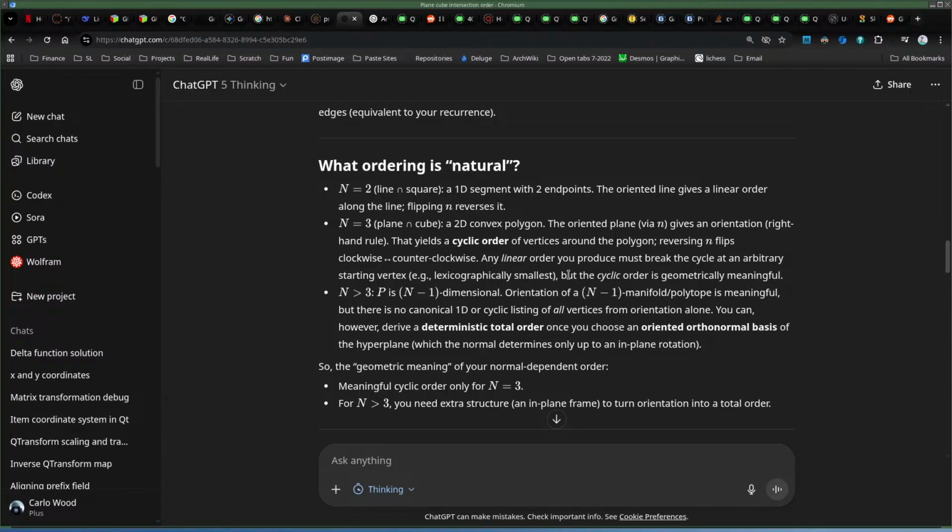But maybe this is actually more talking about what the title says. So more like let's let go of the predefined ordering that I was defining, and ask ourselves what is a natural order. Then you can just state that the natural order is the cyclic order of vertices around the polygon.